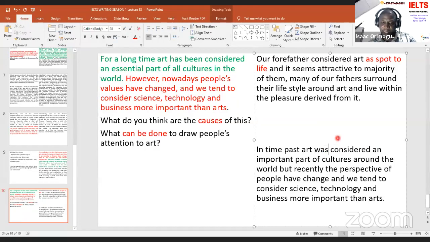An important part of cultures around the world, but recently the perspective of people has changed, and we tend to consider science, technology, and business more important than arts.